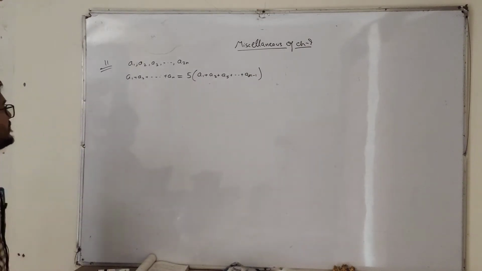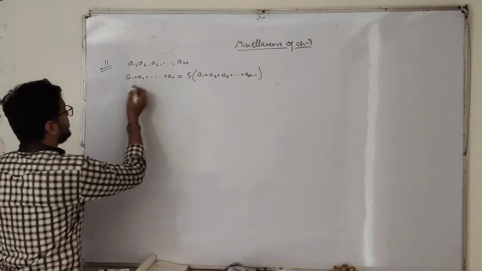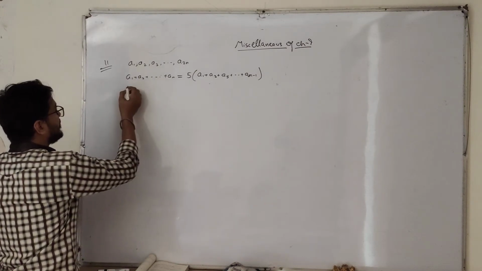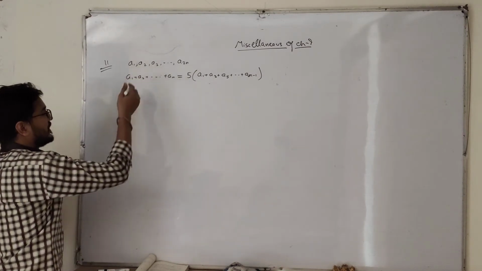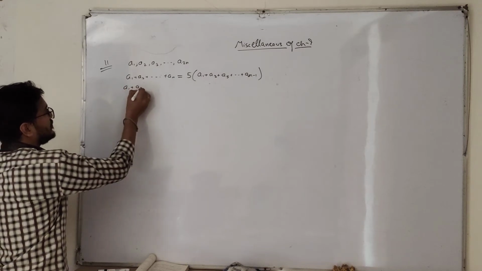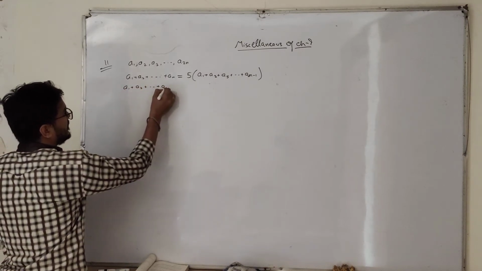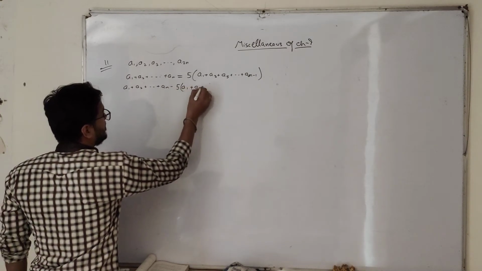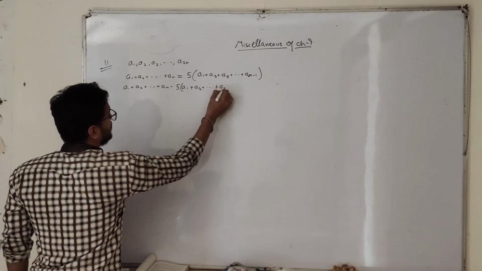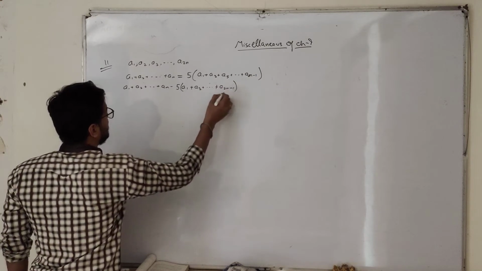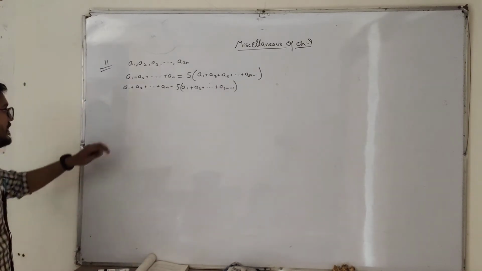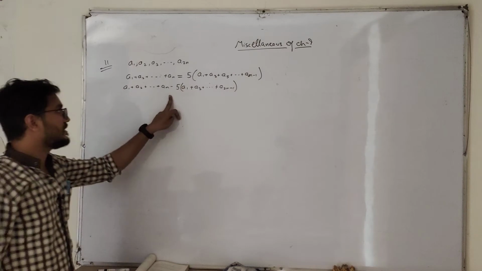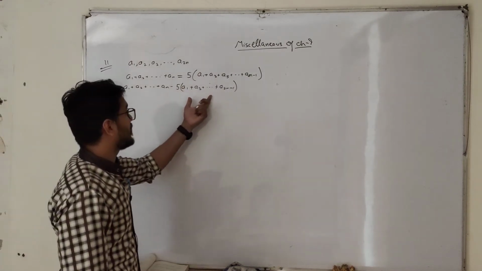So this is a GP. If we take everything on the left hand side, A1 plus A2 plus up to A2n minus 5 times (A1 plus A3 plus up to A2n minus 1), right? Here we have all terms, and this is only odd terms.